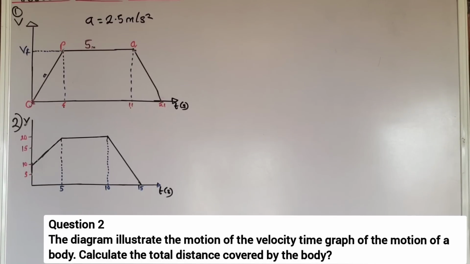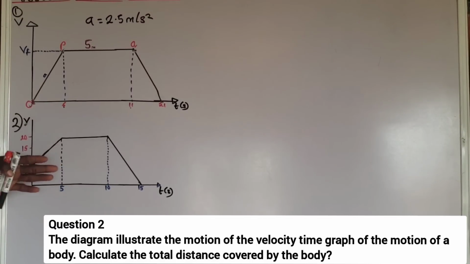When you talk about the distance on the velocity time graph, the total area of the graph gives the distance. You understand? So the area of the shape that we have on this velocity time graph will give us the total distance. You understand? So now let's calculate the area.